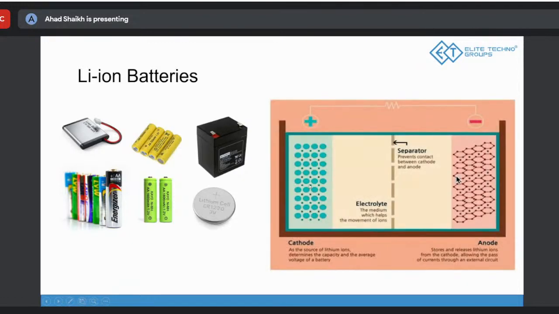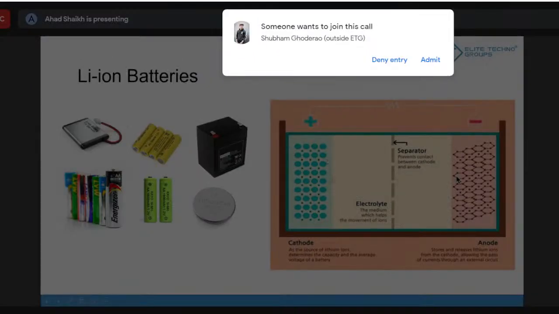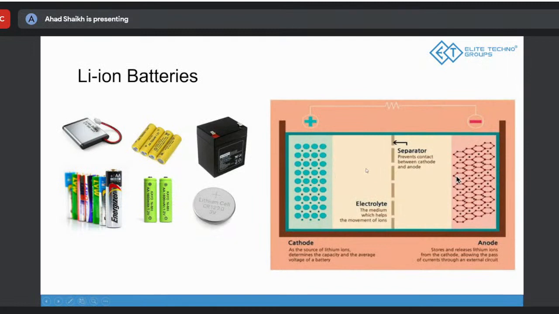There are three major components: a cathode, anode, and the electrolyte. And between them, there is a separator. So what happens? At the cathode end, the lithium ions are stored, and when the battery is charged, the lithium ions are forced to get to the anode side, and the electrons are forced to travel via the external circuit.